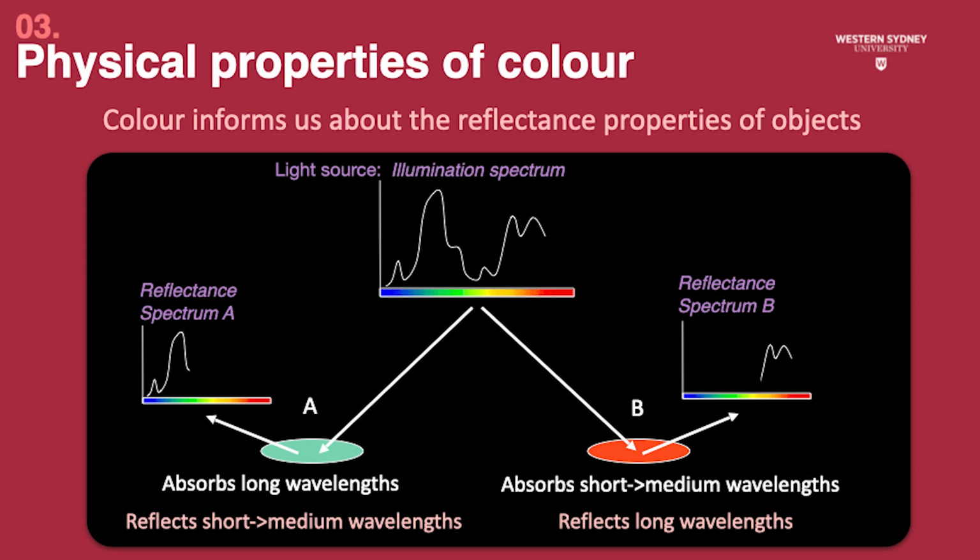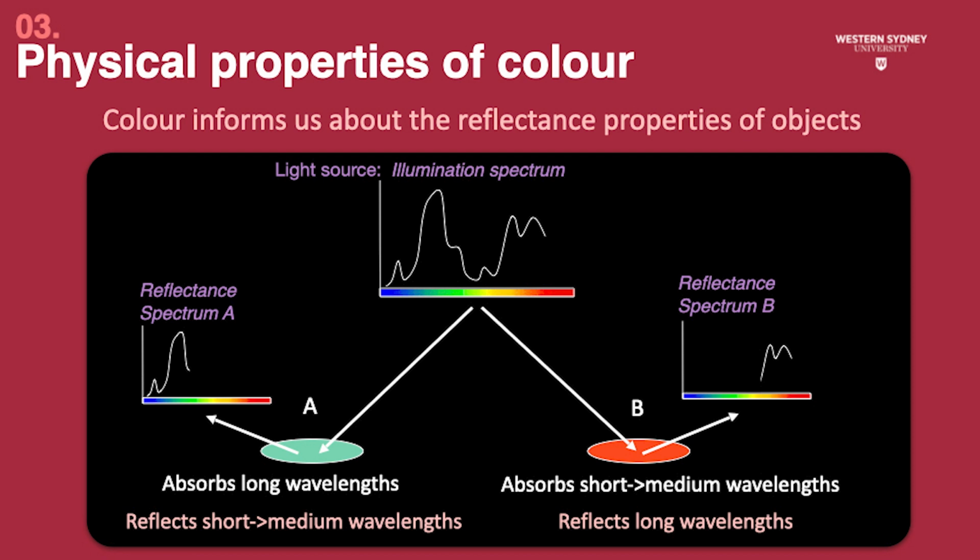Because this object reflects the blue light, that is the shorter wavelength light, more so than it does the longer wavelength or red light, this would be seen as a blue-green object. By contrast, Object B reflects only the long wavelength light, so it would be seen as a red-orange object.